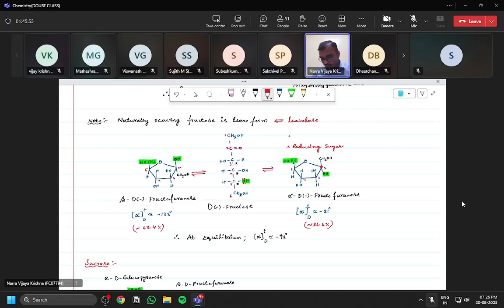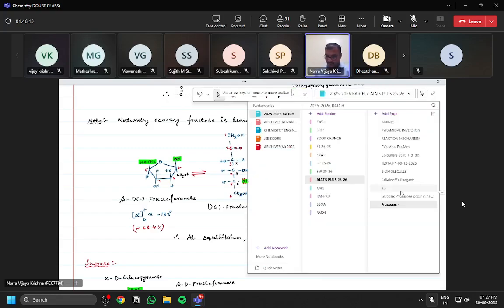Because of the presence of the hemiacetal group, it is also a reducing sugar. In the same way, the hemiacetal group is present in glucose also. That's why it is also a reducing sugar.